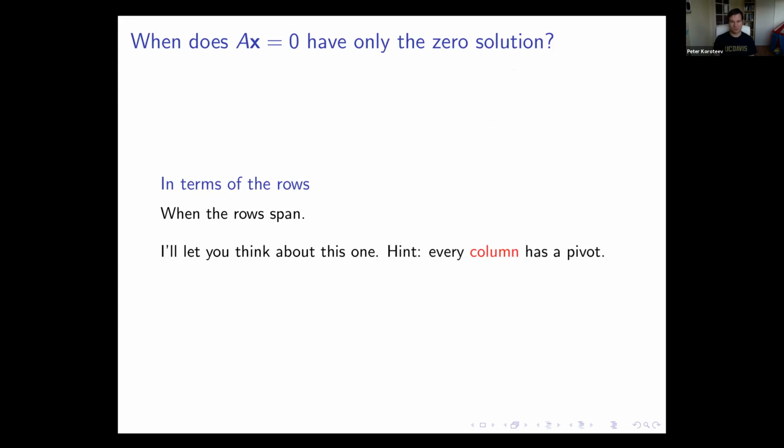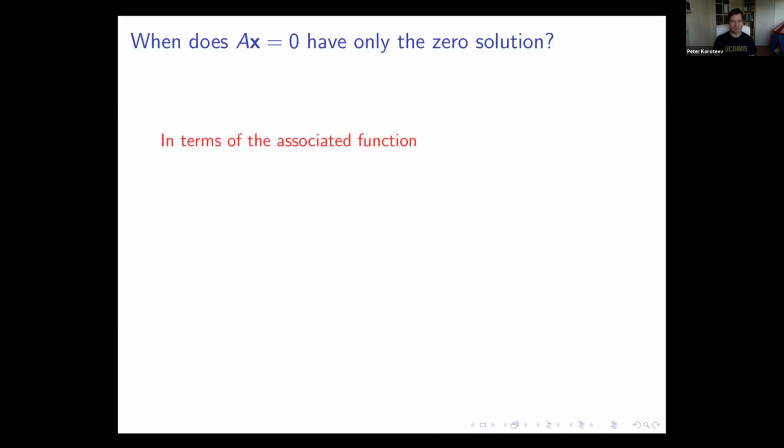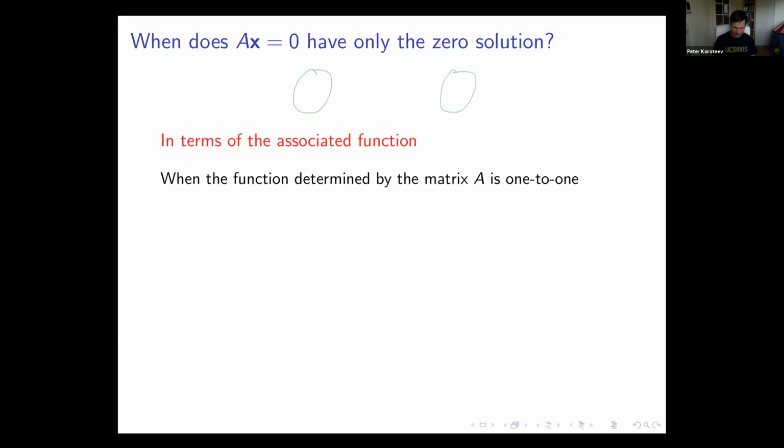So we just basically said that. And finally, in terms of the associated linear function, when is the function determined by the matrix A 1-to-1? In other words, what does it mean that 0 is the only solution? So let's talk about this. You have one space, this is another, and there's a map A from one space to the other.